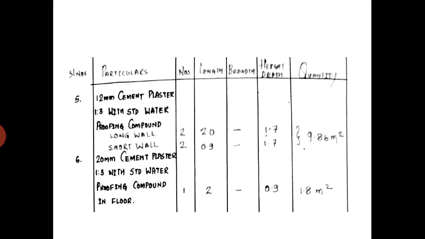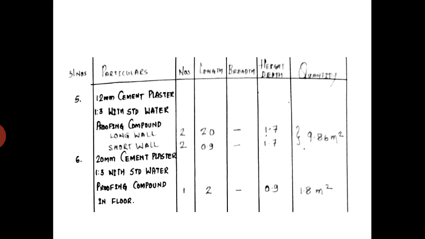What you can do is start calculating using the diagram given to you, and arrive at the values I have calculated, that is 9.86 meters square. Then for 20 mm cement plaster of 1:3 standard water.